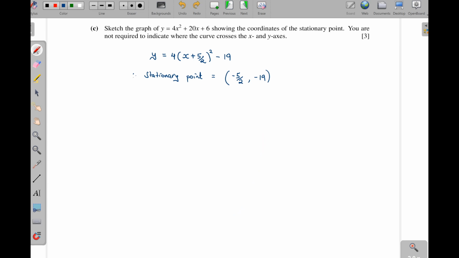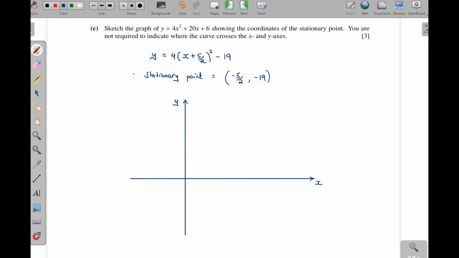In fact, let me try to put the axes here, and then we can locate our values here. So we are not supposed to show where the curve crosses the x and y, those points. We don't need them.